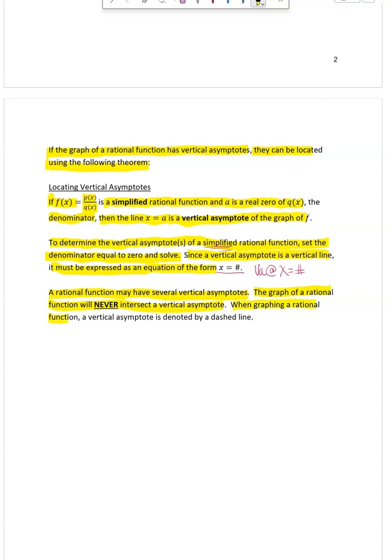When graphing a rational function, the vertical asymptote is denoted by a dashed line. So asymptotes are always denoted by dashed lines, okay? Very important. And it never intersects, so never cross. And you can have several of these, okay? Alright, so let's do a couple.